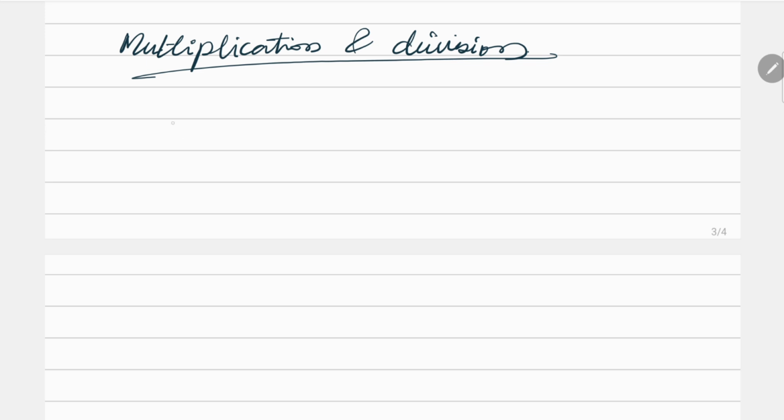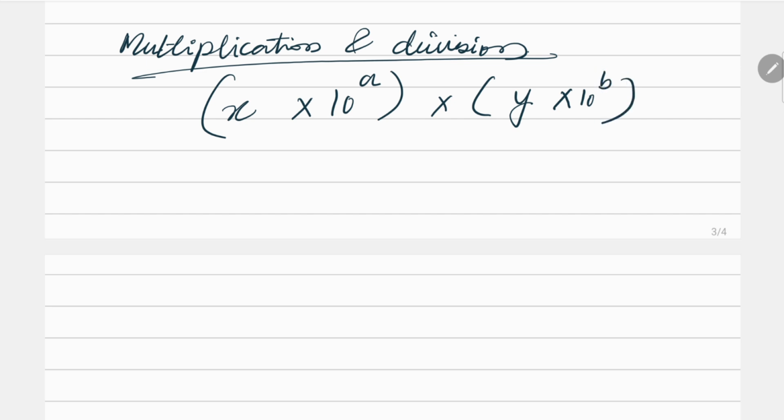For multiplication and division, let's understand in the very common way and then apply it. So there is a number, suppose any number, suppose there is x into 10 raised to power a, and we have to multiply it with another number y into 10 raised to power b.